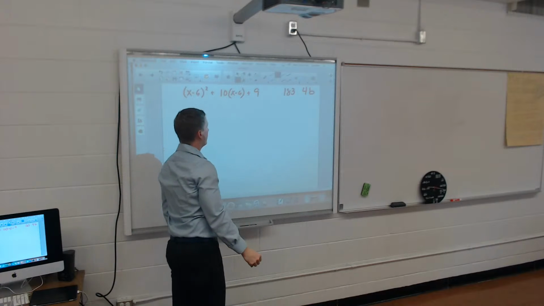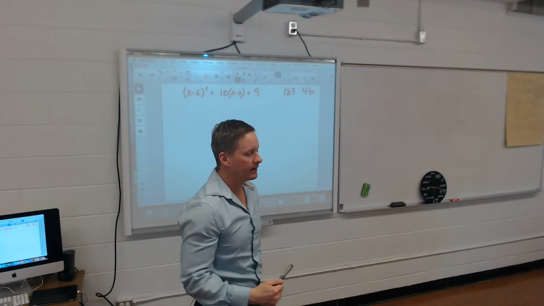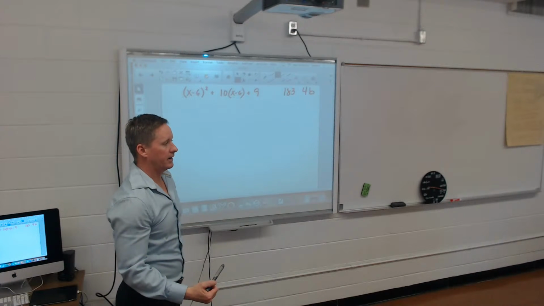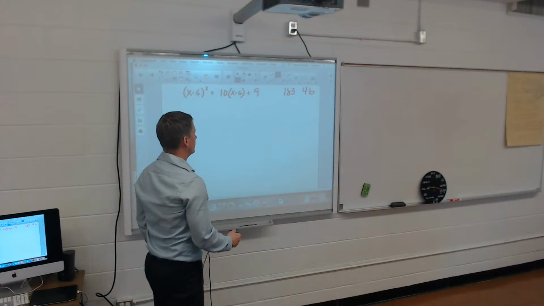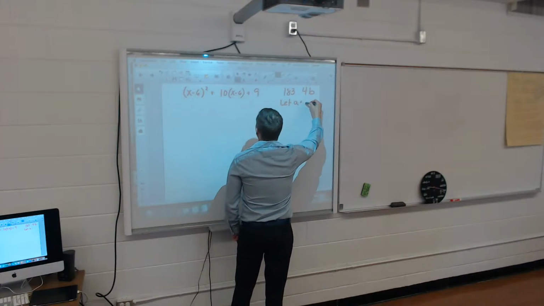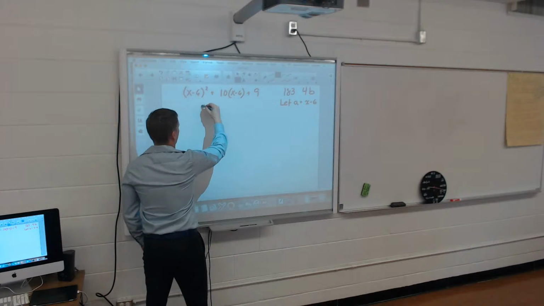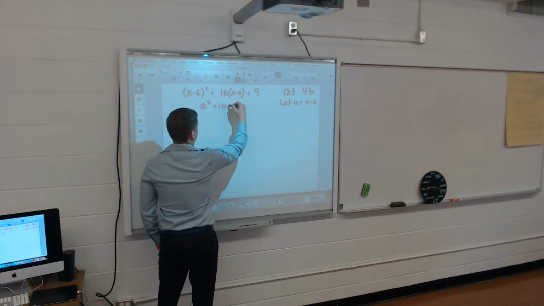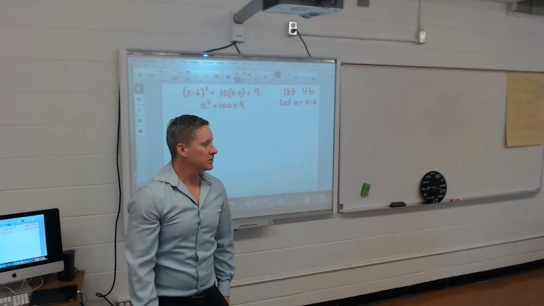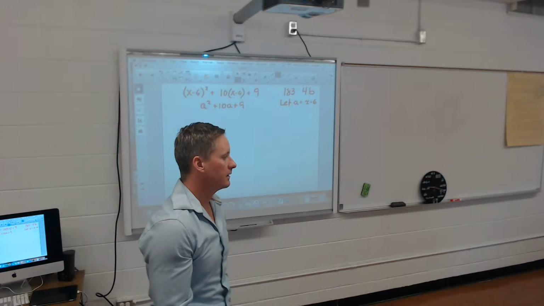All right, so I can factor it this way, but I find it difficult to factor it in the form that it's in right now. So I'm going to let a equal x minus 6. So now I put it in this form, a squared plus 10a plus 9. It looks a little bit cleaner than before, right?